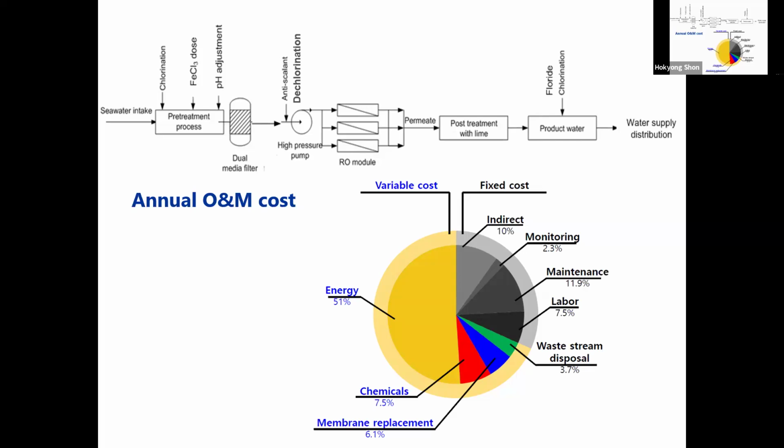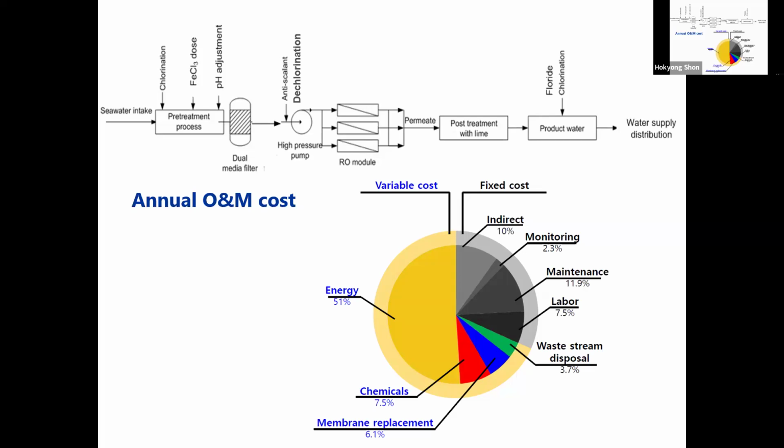So on average, you have 3 years, 5 years. How much does this membrane element cost? We just say element. It's around $500, $600. They can sustain 3 to 5 years and produce a lot of water.